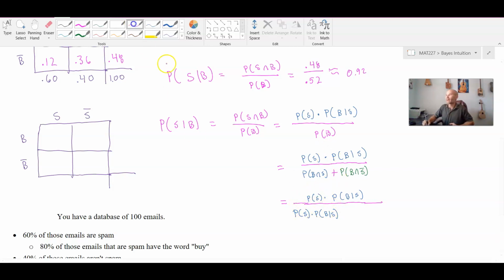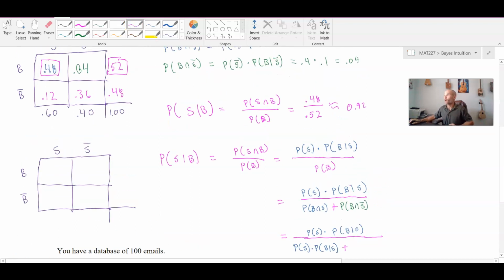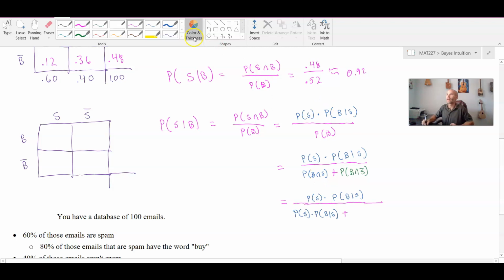Now we have to add to that the probability of B and not S, and that we calculated by taking the probability of not S times the probability of B given not S. So probability of not S times the probability of B given not S. And so ultimately, we have all these equal signs here.